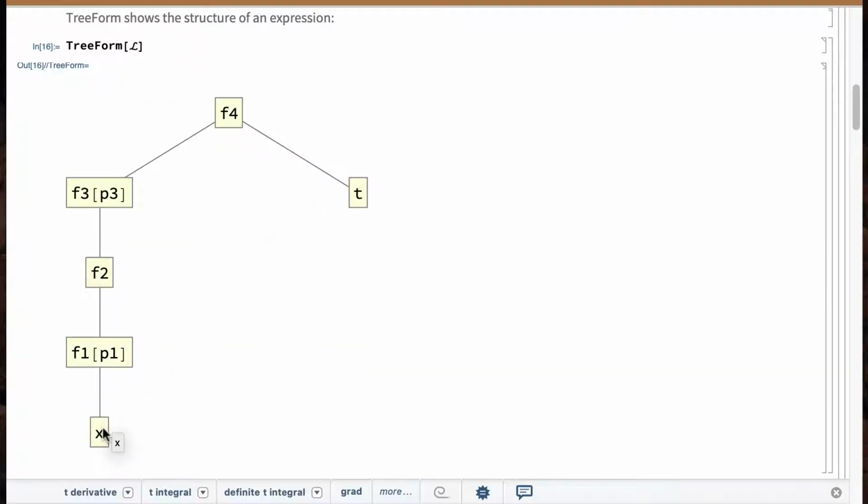We go up this chain, start with x, go forward to f1 of p1 of x, go forward to f2 of f1 of p1 of x, go forward to f3, p3 of f2 of f1 of p1 of x, go forward to f4 of f3, p3 of f2 of f1, p1 of x, and t. There you go. All right.